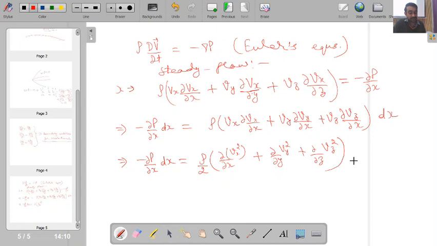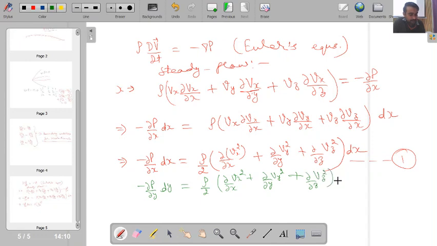Say this is my equation number 1, written particularly for irrotational flow. In the similar way I can write my y momentum equation: minus del p by del y into dy equal to rho by 2 into del by del x of vx square plus del by del y of vz square into dx.